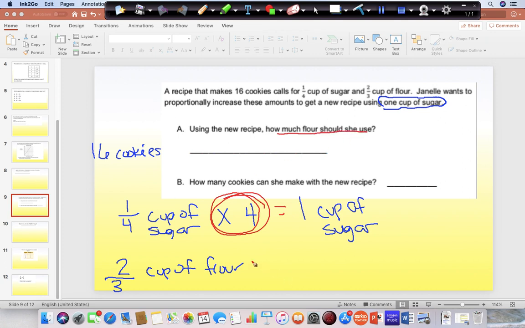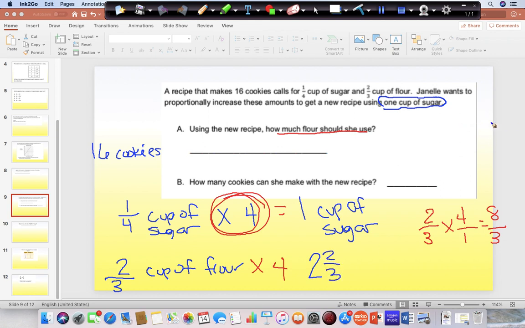Well, we have to multiply the amount of flour times 4 since we multiplied the 1/4 cup of sugar times 4. So 2/3 times 4. 2 times 4 is 8. 3 times 1 is 3. 3 goes into 8 2 whole times with 2 left over.